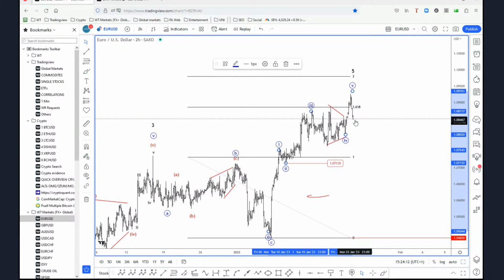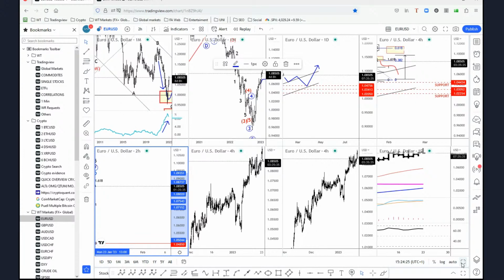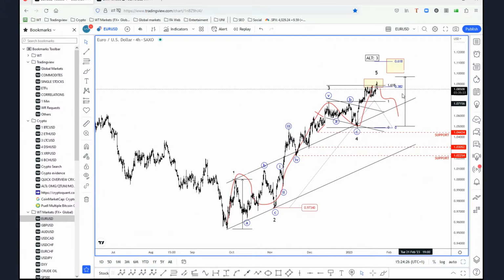Okay, more importantly, we have seen a very nice reversal so far. So actually I would not be surprised to see more weakness here going into this week, or maybe just consolidation, of course, but I'm clearly aware that there can be some higher degree pullbacks.